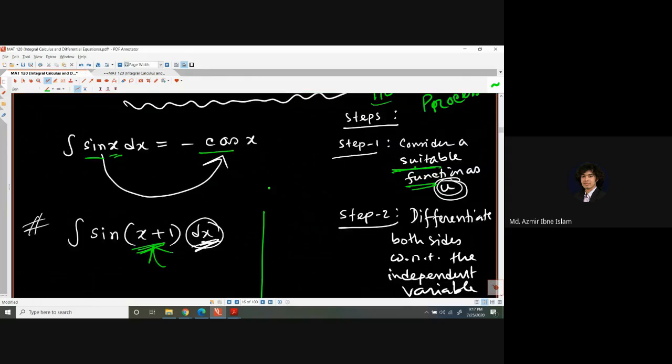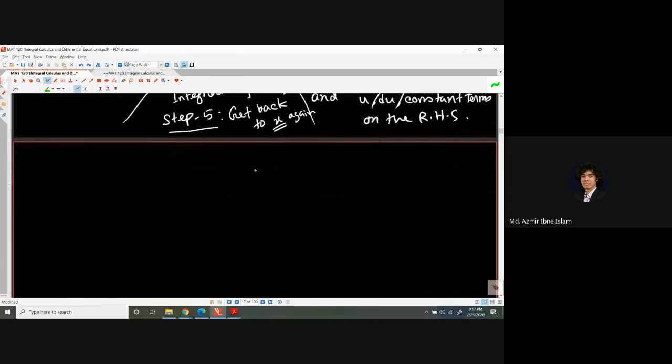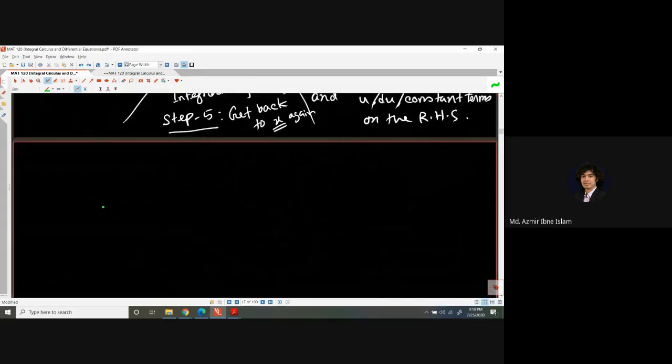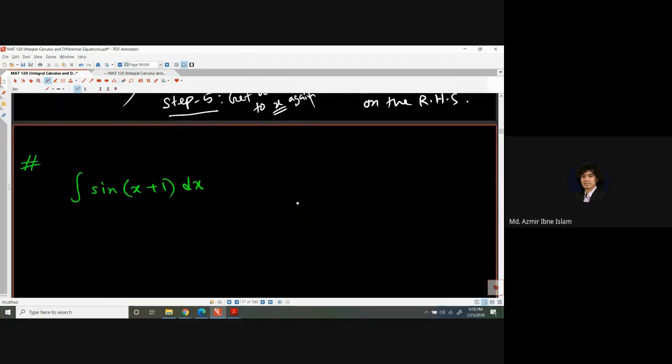So let's do it by these steps. Let's try to solve this problem. We have the integration of sine of x plus 1 dx. After this problem, we will take some problems from our reference book, so that we can have a lot of practice.